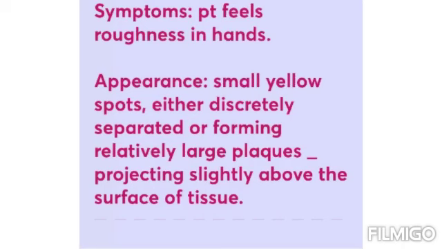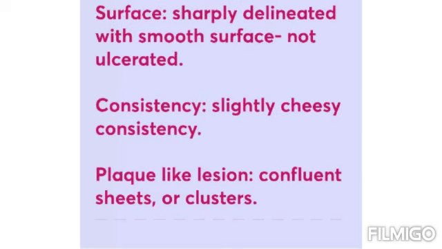It is also found on the tongue, gingiva, frenum, palate, facial pillar and inner surface of the lips. As for symptoms, the patient feels roughness. In appearance, it appears as small yellow spots either discretely separated or forming relatively large plaques.